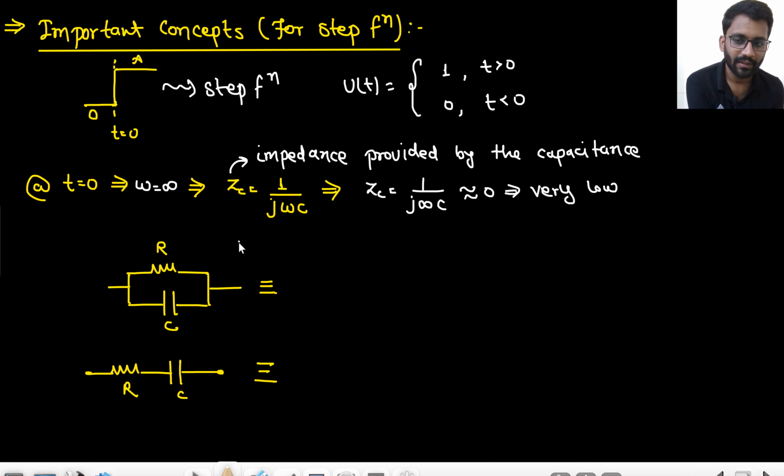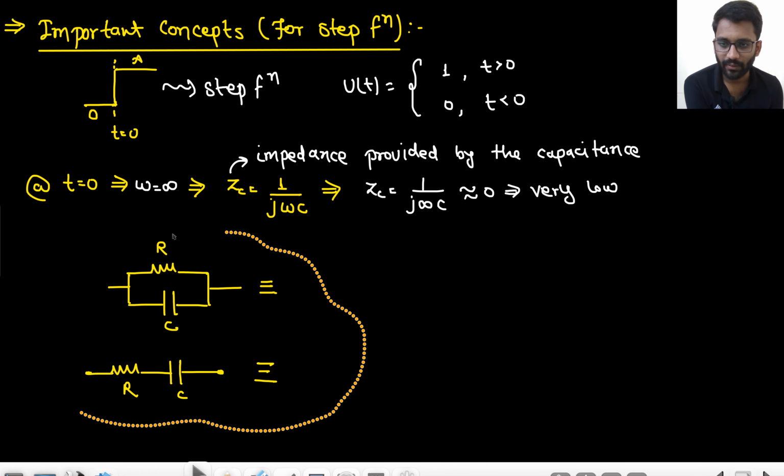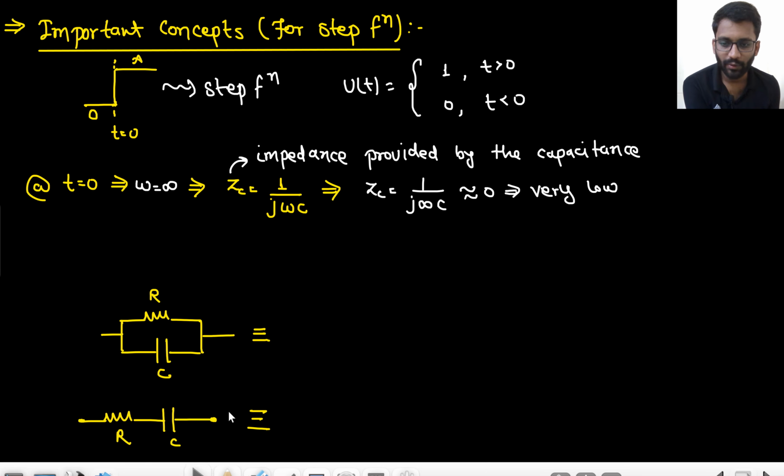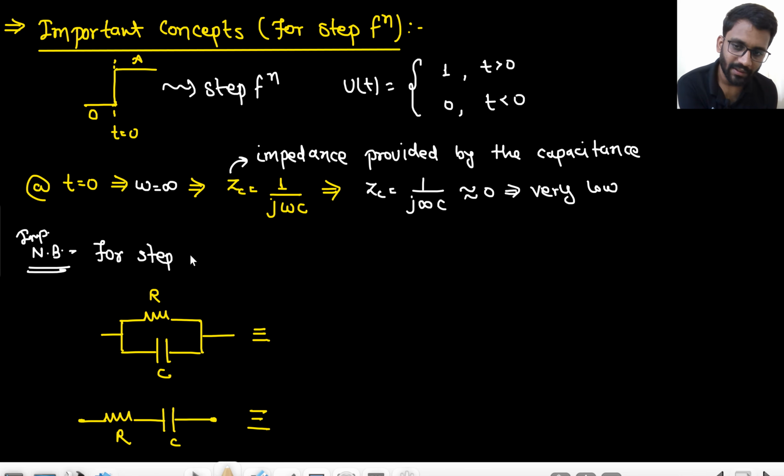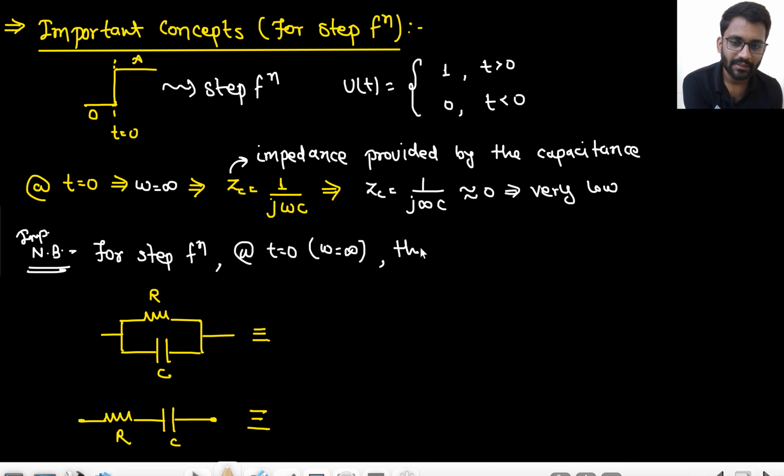So what do you understand? Note, a very important note: for the step function at t equals to 0, or omega equals to infinity, the capacitor provides very low impedance.